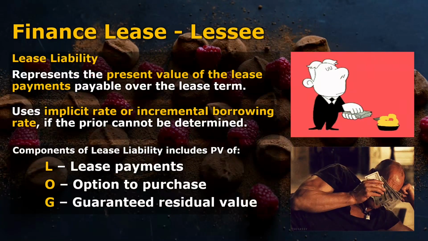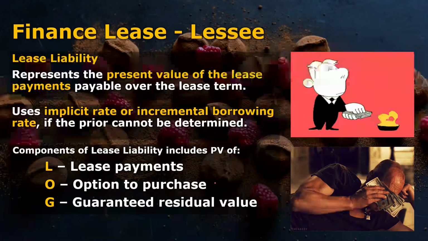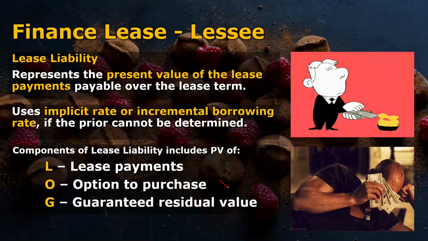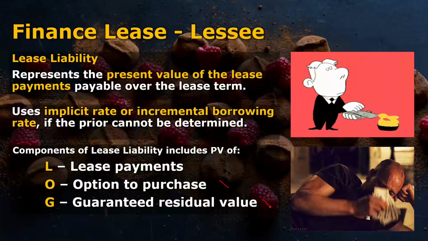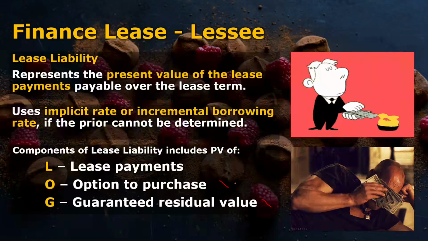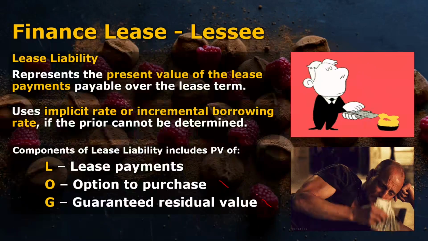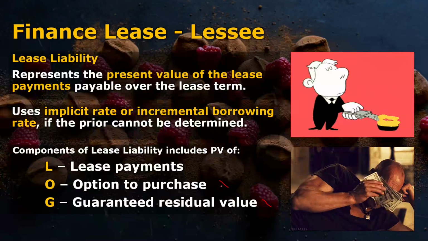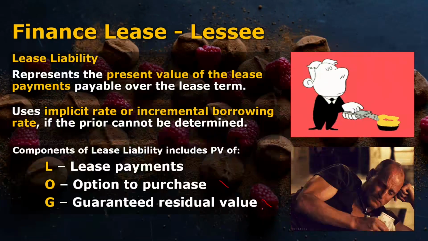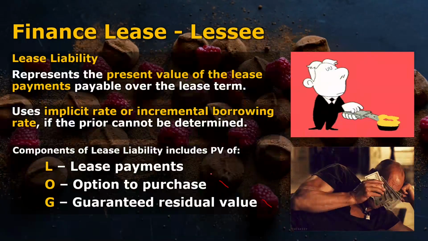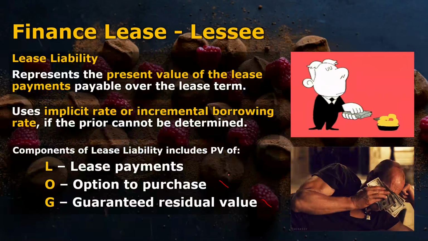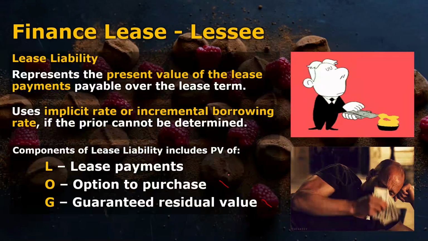To be more particular with this, guys, do remember in a problem, option to purchase and guaranteed residual value cannot exist together. They are substitutes of each other. If there is an option to purchase, normally there is no guaranteed residual value. If there is a guaranteed residual value, normally there is no option to purchase. And I will explain that in the next few slides.